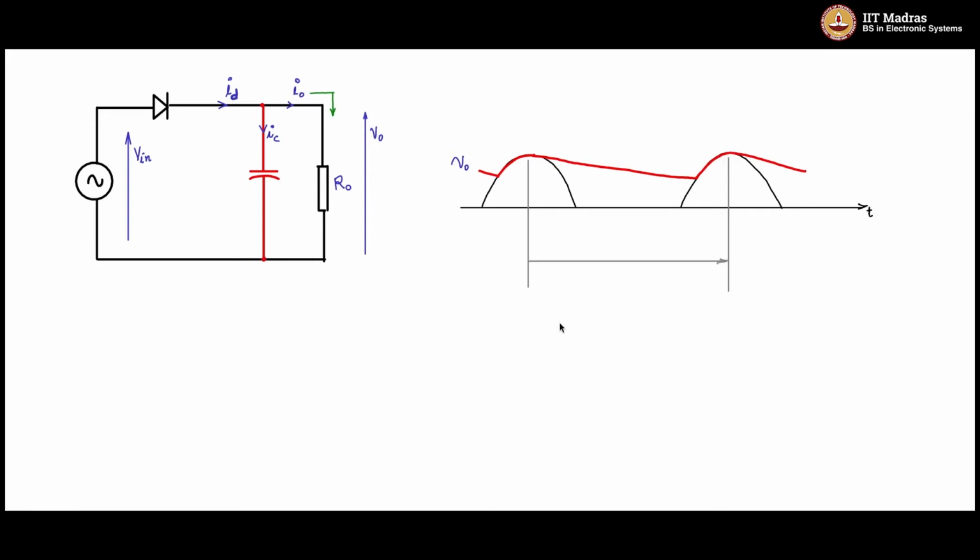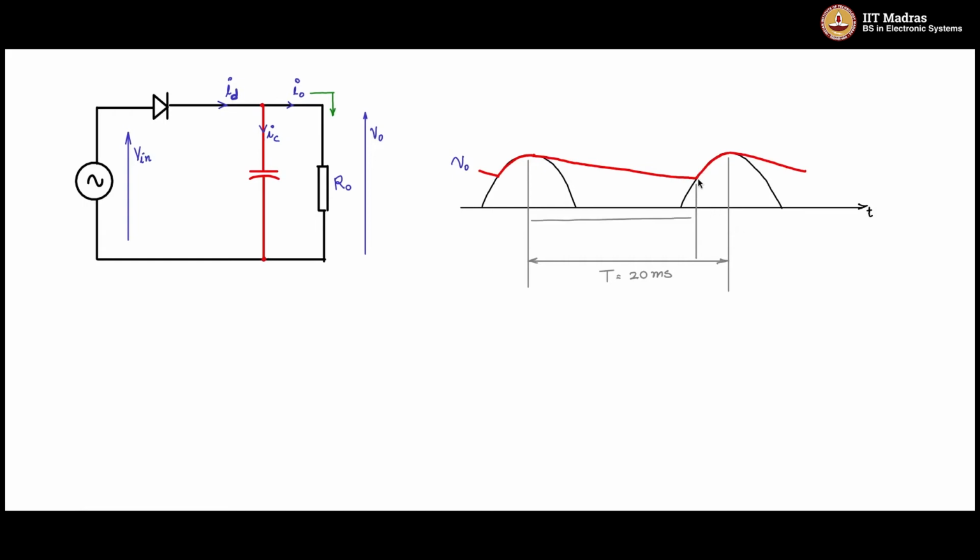One period, and in our country, because it's a 50 Hertz waveform, one period is 20 milliseconds. If you are talking of the angle from this point to this point, the angle would be 2 pi.